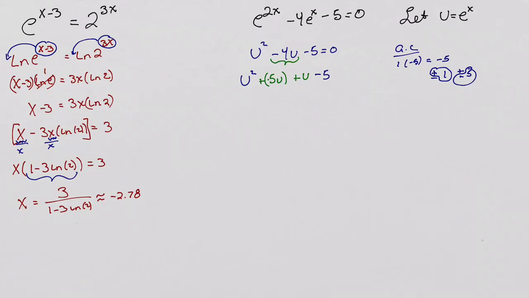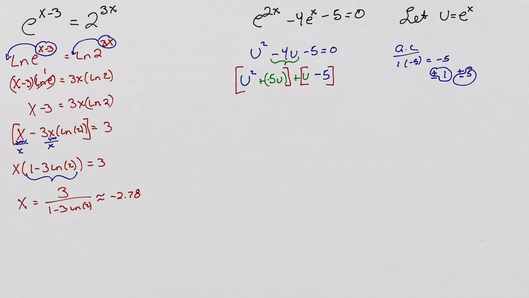Now we're going to group. We're going to group the first two together and the second two together. And you want to make sure you have a plus in the middle. This is why I always say you want to add negative numbers so you don't mess your signs up. When we do this, we're going to factor out the GCF of each group.